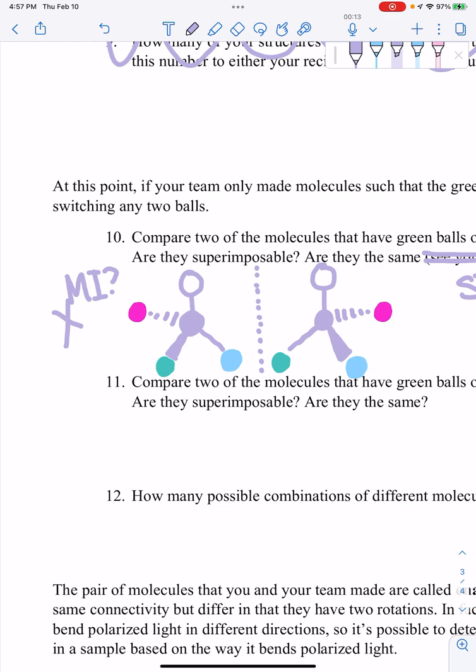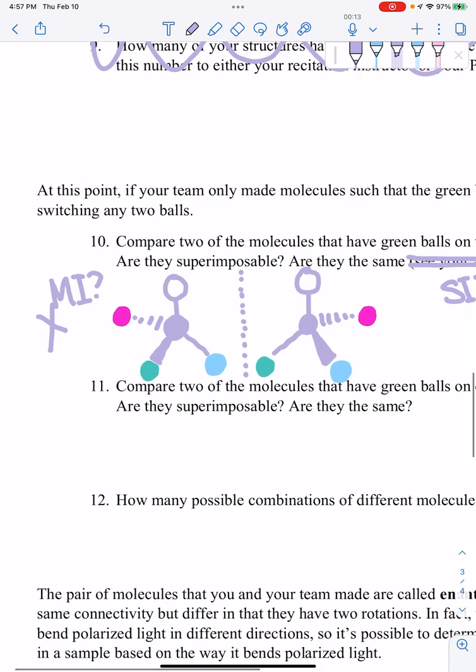So the next part asks if they're superimposable. For this part, all I did was take this molecule on the right and rotate it. I rotated all 3 of these bonds so that this red atom sort of went over here in space, but it's still behind the plane of the board.